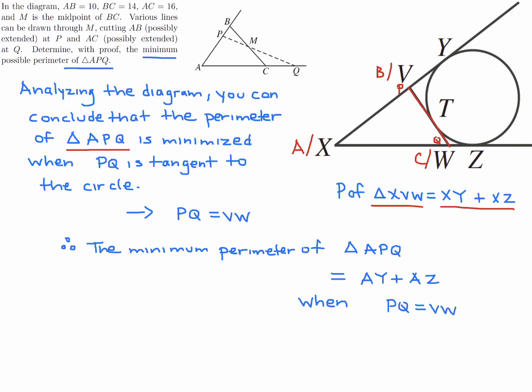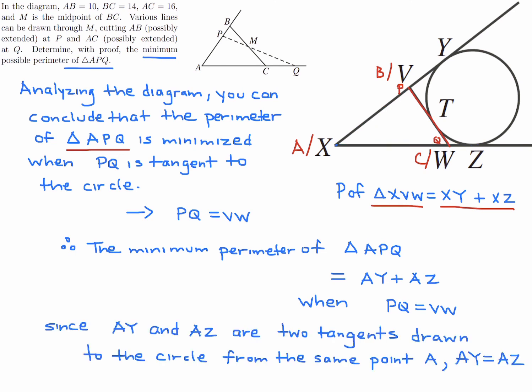All right? So here we go. The first thing I want you to notice is that if you draw a line from A to Y, and Y is tangent, and then you draw another line from the same point A to Z, and Z is also tangent, that means that these two lines, AY and AZ, are equal in length. In summary, since AY and AZ are two tangents drawn to the circle from the same point, AY is equal to AZ.